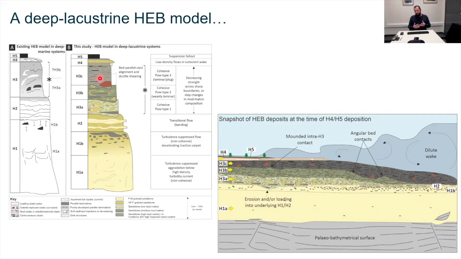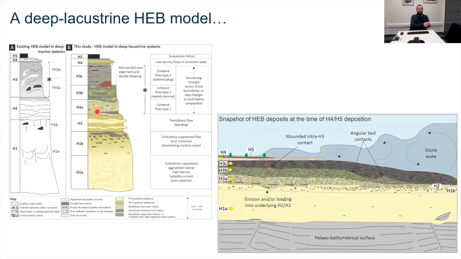And I think where I got to with it was that perhaps these are discrete parts of that flow event that you could deposit, or at least segregate, through what we've termed advanced longitudinal segregation of the flow.